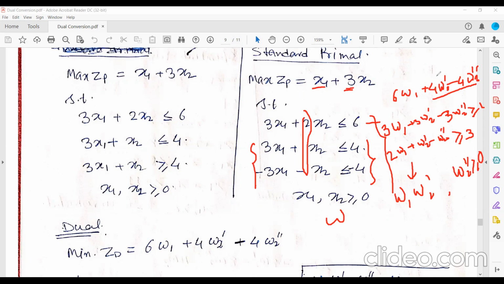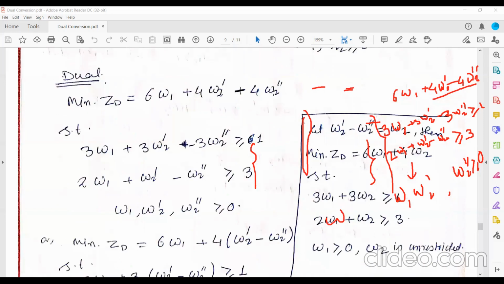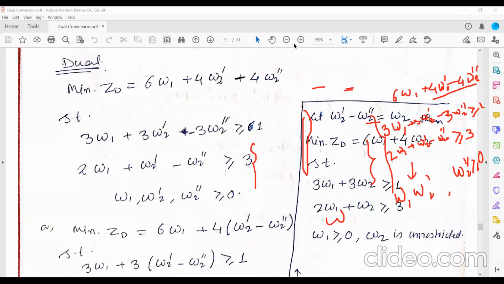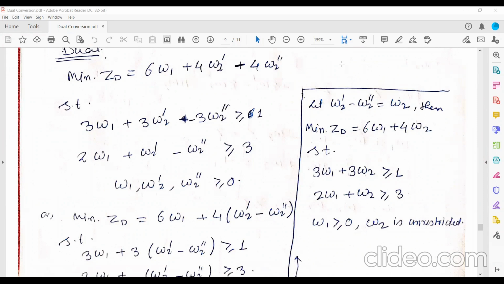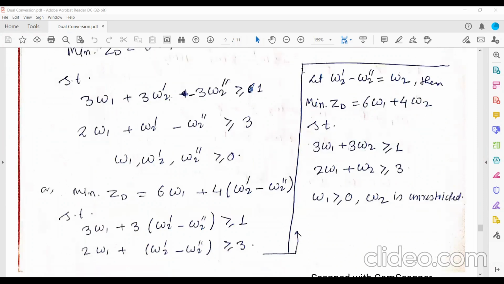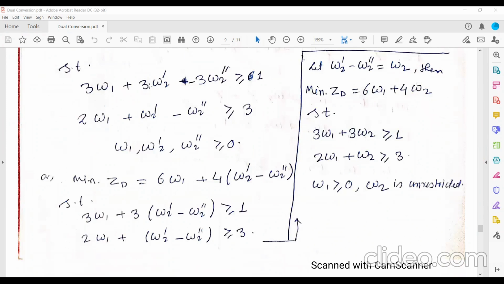So if you take 4 common, it will be 4(W2 dash - W2 double dash).